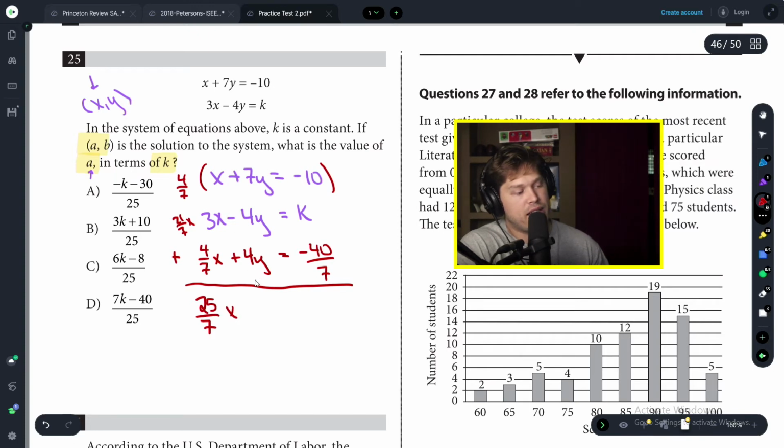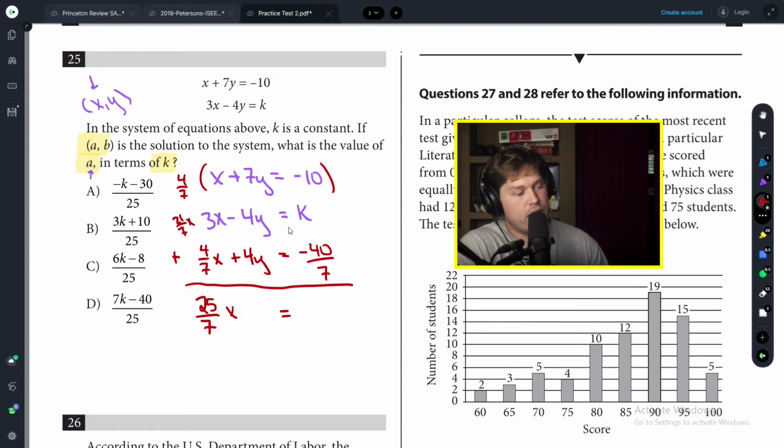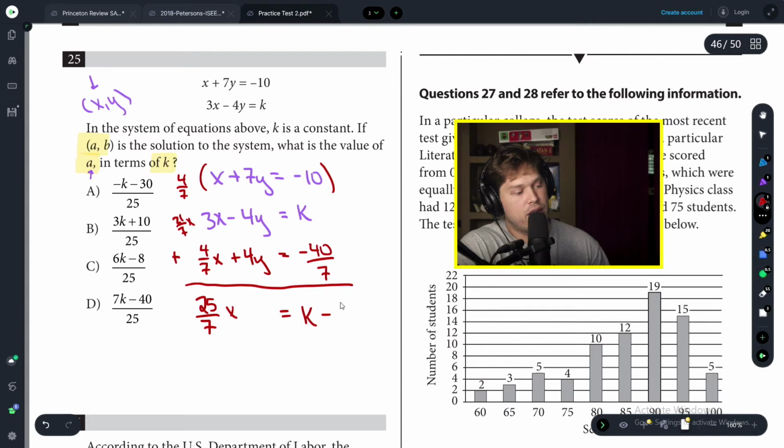My y's cancel out, and what am I left with? I'm left with k minus 40 over 7. Okay, now lastly, we want to just solve for x.